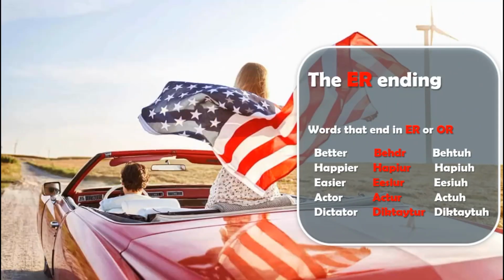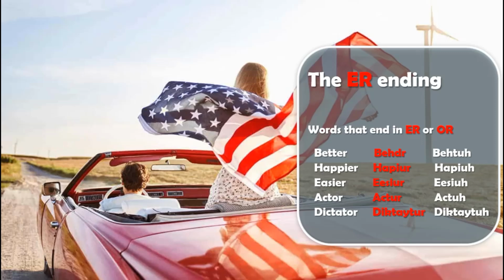Moving along, the next popular difference when it comes to the American accent is the ER sound. It's very similar to the colored R sound, but it's not quite as exaggerated.